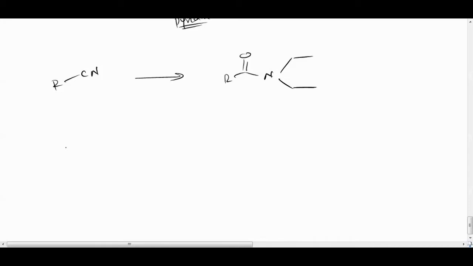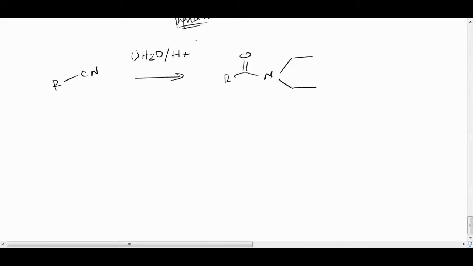Hydrolysis. Yeah, you can write it out. Write out the reagent, and you can do it step by step if you need to see what's happening. H2O and acid, and that makes the carboxylic acid.